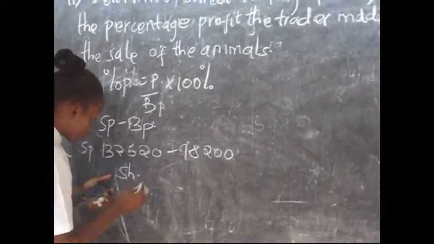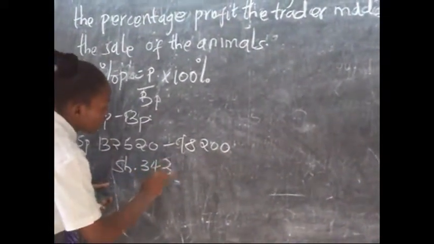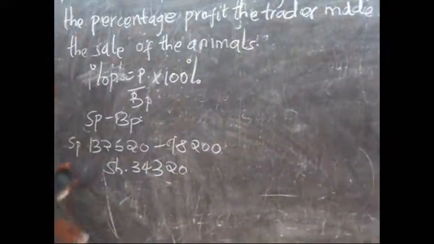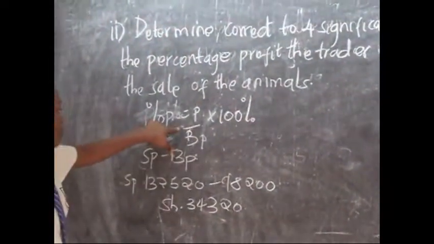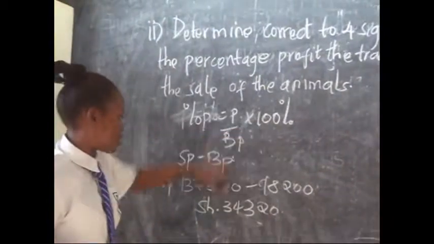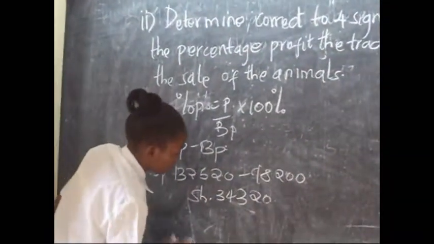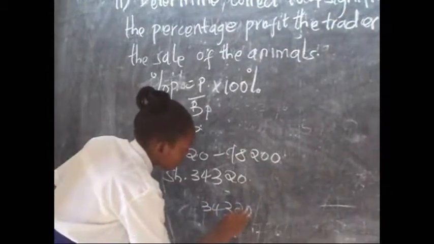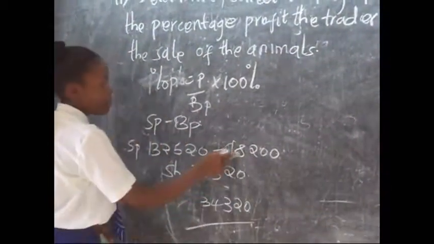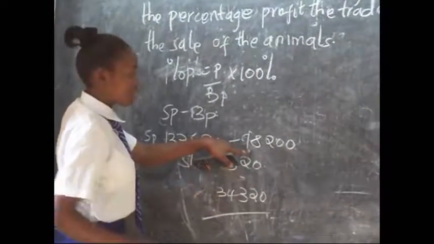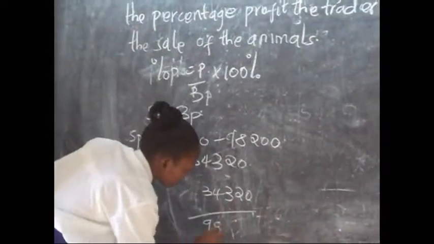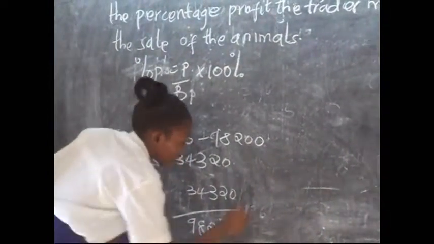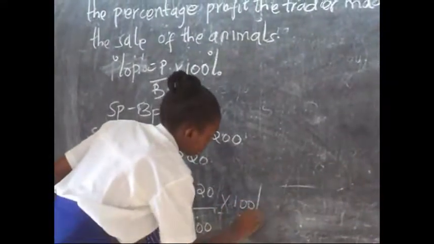So the total profit will be 34,320. Remember, the formula was profit over buying price times 100%. So this is our profit, 34,320, divided by the initial buying price, 98,200, times 100%.